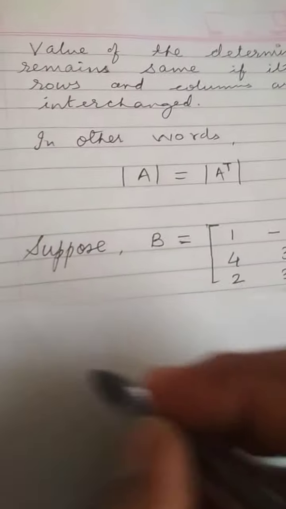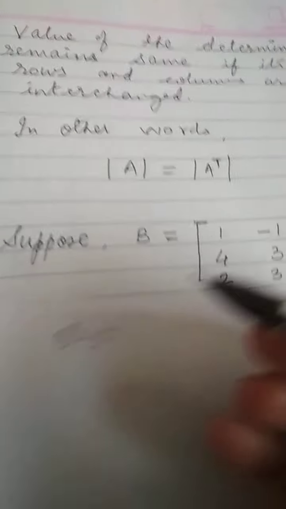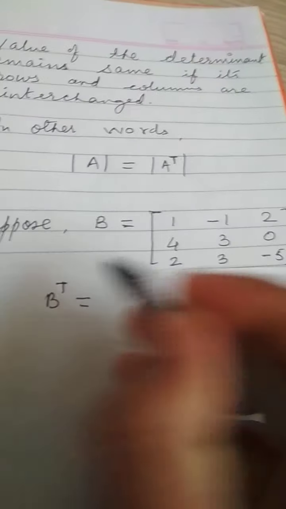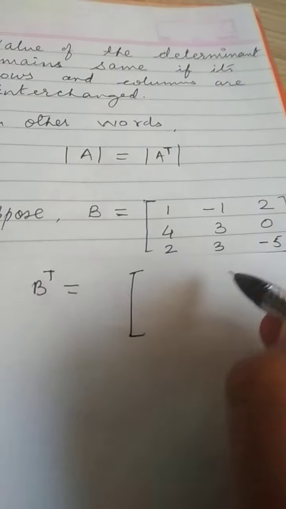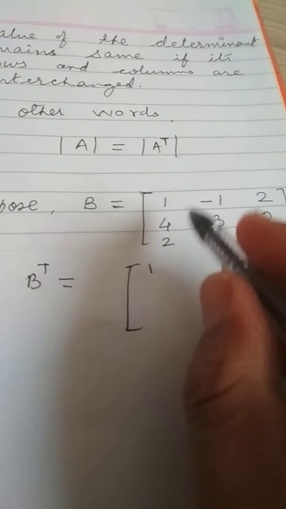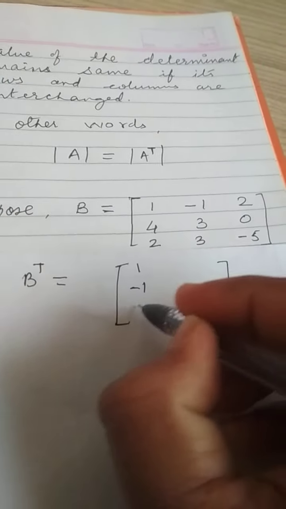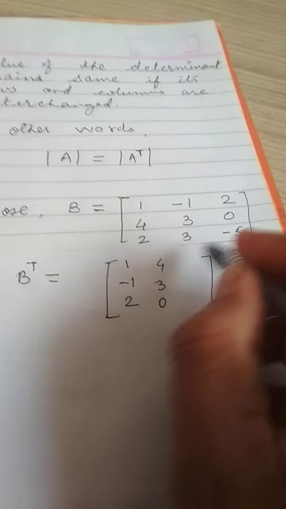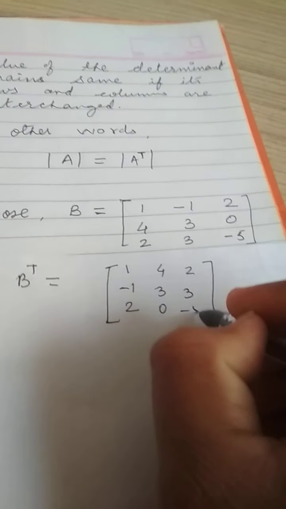I have got the same matrix B, but now I am changing its rows into columns and columns into rows. So indirectly I am finding its transpose. Its first row will become first column, second row will become second column 4 3 0, and third row will become third column 2 3 -5.